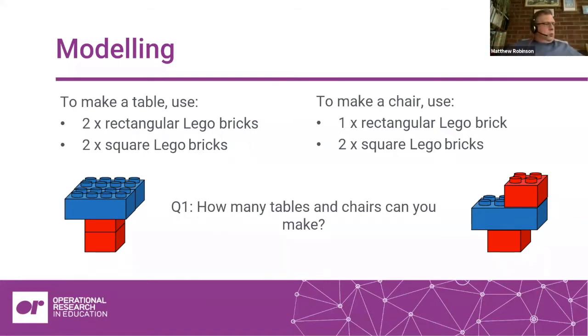So what we've done so far is think about this company who want to build tables and chairs. They have these raw materials that could be used for tables or chairs. And what we want to do now is work out the options. We've done that. And I'm now going to give you a little bit more information on this. I'm going to tell you that each of the square bricks costs £3, and a rectangular brick costs £5.